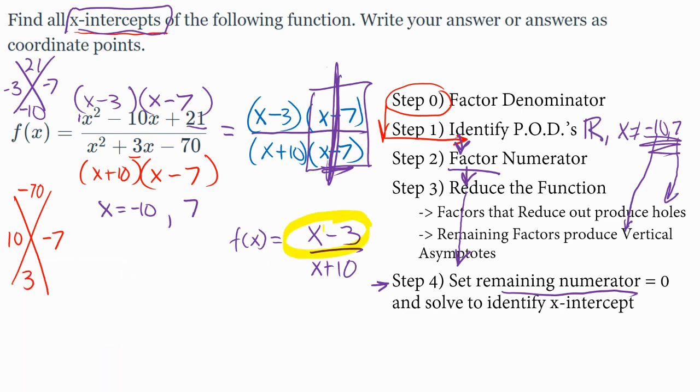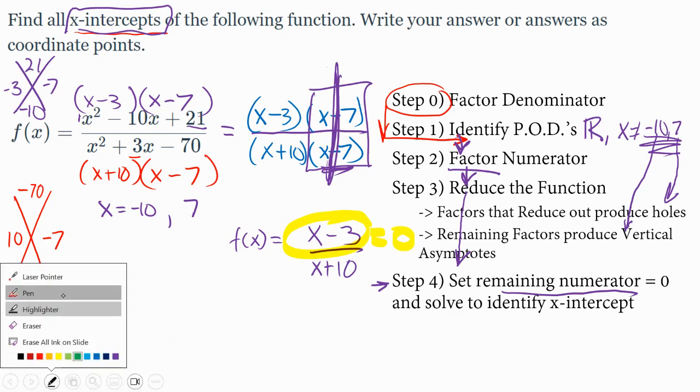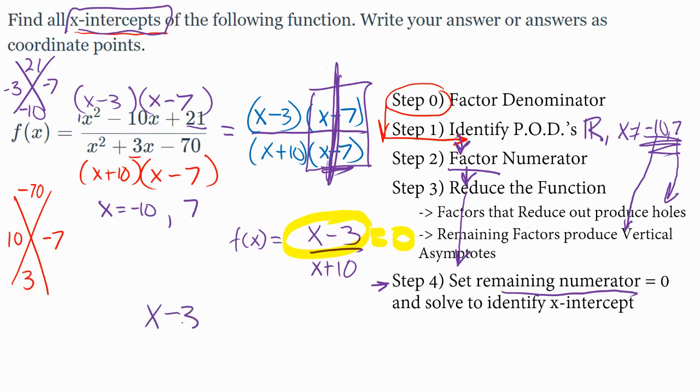So we set that equal to 0, and we solve for what would cause that to be 0. So x minus 3 equal to 0 will produce x equals 3 as a 0 in x-intercept. My x-intercept is 3, 0.